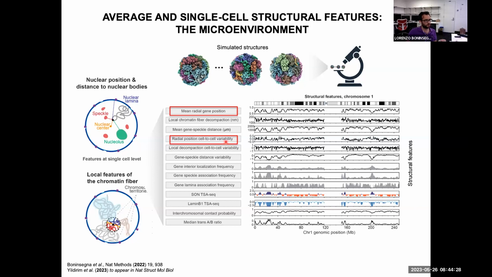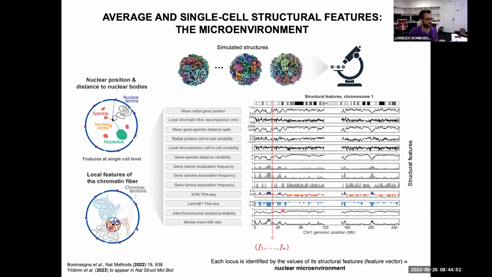And this is true for many of these quantities. So we have the average trace, but also its variability. And the variability, I'm going to show you later, we propose is a strong indicator for functional behavior.